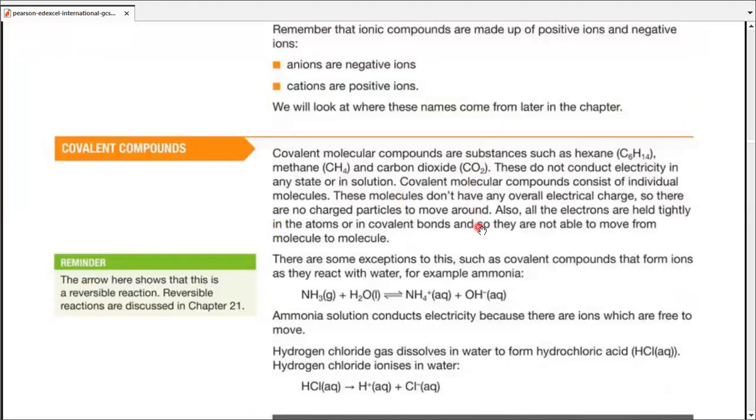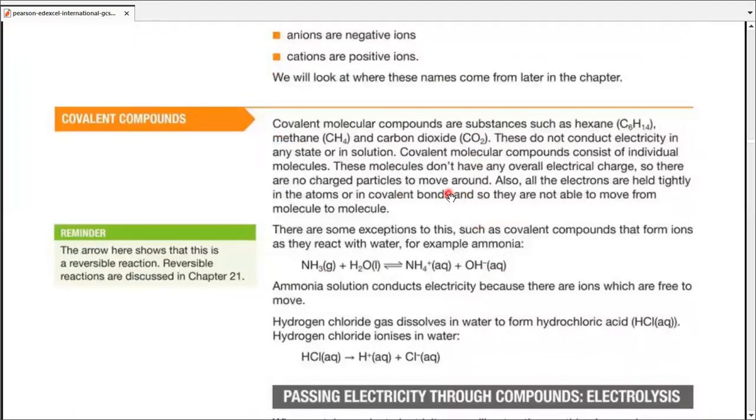Talking about covalent compounds, there are covalent compounds which do not conduct electricity in any state or solution. Covalent compounds consist of individual molecules. Now, those molecules are made up of mutual sharing of electrons. There is no loss of electrons, there is no gain of electrons. They don't have any overall charge. They don't have any charged particles to move around.